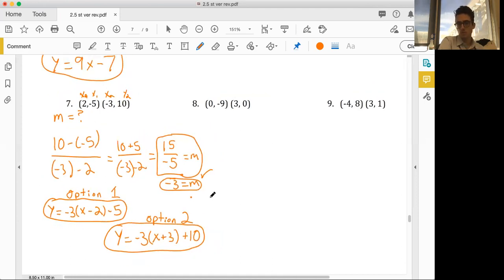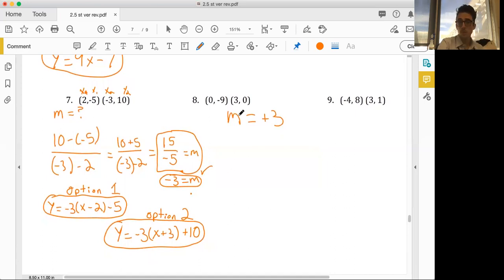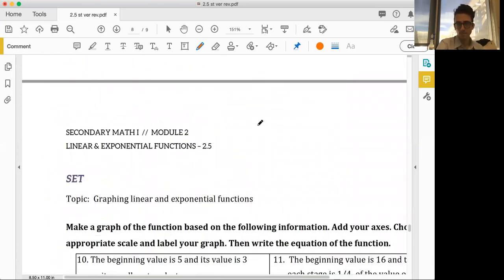The others are similar, so you should be able to do okay on those. To help you get started with this one, you should be saying that your slope is going to be +3. And yeah, I'll leave that other one to you. All right. So this should help you get started with 8, saying your slope is +3. I help you out there.